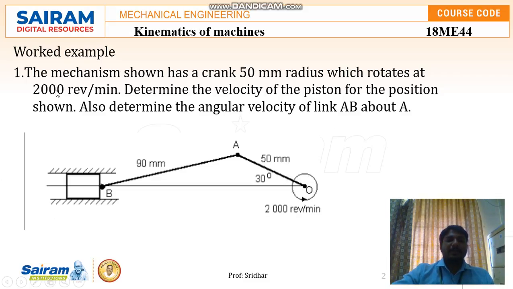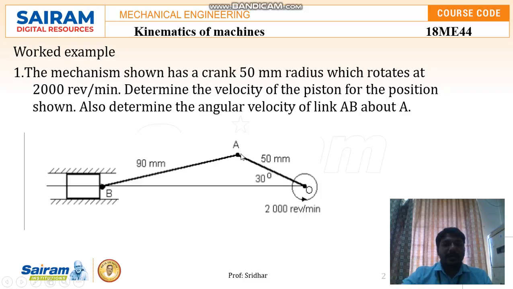They mentioned two conditions. First, we need to find out the velocity of the piston for the position which they have mentioned. The second is to determine the angular velocity of link AB, where we consider it from A only.